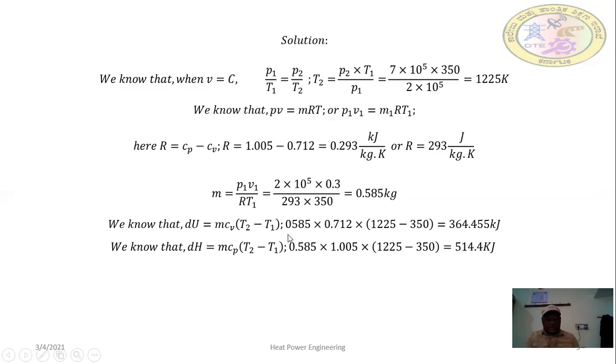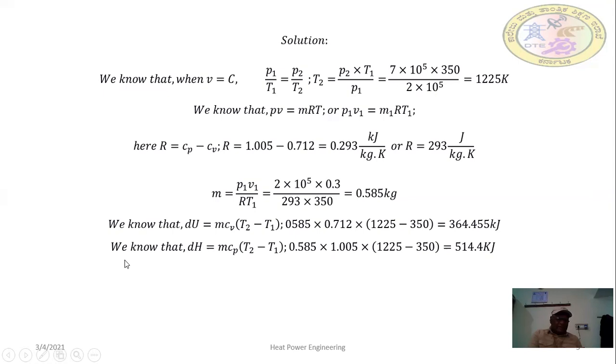You know all the values, so substitute. The mass we found is 0.85, not 585, so the point has to be put, and it has to be multiplied with Cv and the change in temperature. After simplification, the change in internal energy is equal to 364.455 kilojoules per kg.